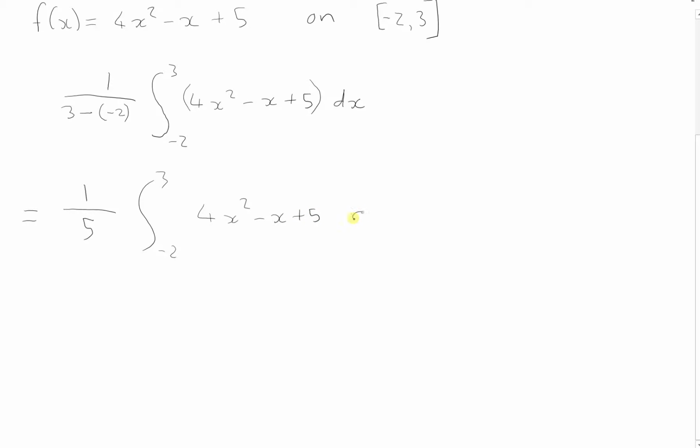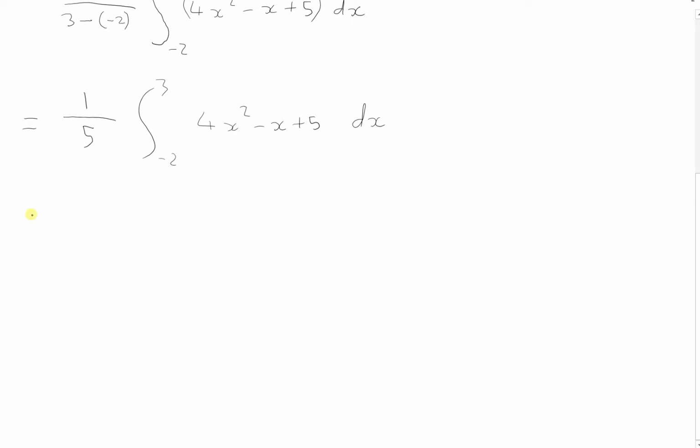Now, basically, what I'm always going to ask you to do is just deal with the inside, okay? Keep the outside, this 1 over 5, outside, and you'll multiply it in at the end, when you're done with the integration. So this is what I mean. I'm going to leave the 1 over 5 outside, and basically what I'm going to do is deal with the integration here. And the integration here is going to be 4 over 3 x to the third minus 1/2 x squared plus 5x from -2 to 3.